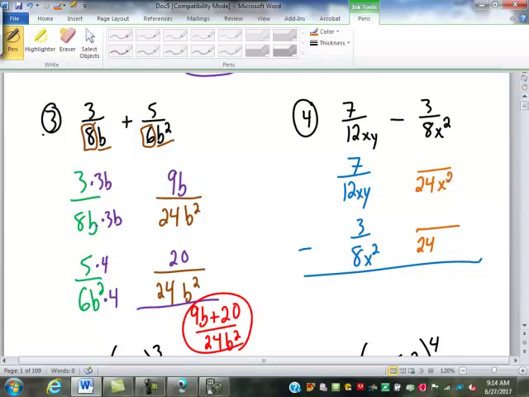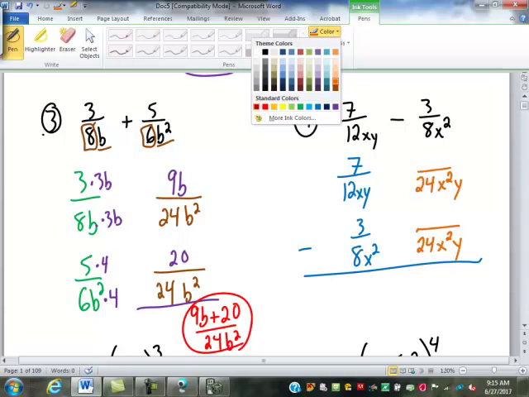X squared. For y, just y is the largest power, so I have to have a y there. So 24x squared y is my least common denominator. So again, you do the numbers separately to get the least common denominator, then for the variables, you just take the larger power.